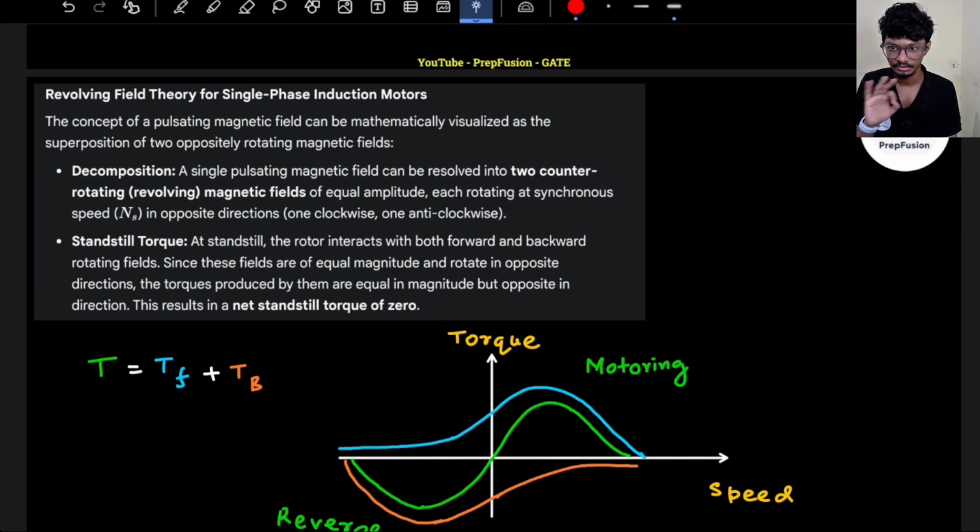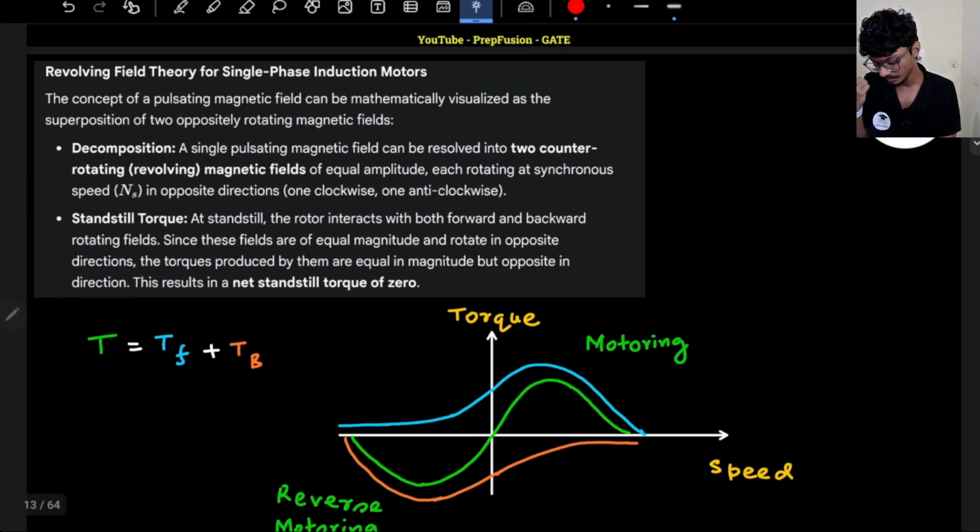The revolving field theory is the concept of a pulsating magnetic field that can be mathematically visualized as a superposition of two oppositely rotating magnetic fields. Decomposition: a single pulsating magnetic field can be resolved into two counter revolving magnetic fields. Counter means opposite direction, of equal magnitude, each rotating at synchronous speed in opposite direction.